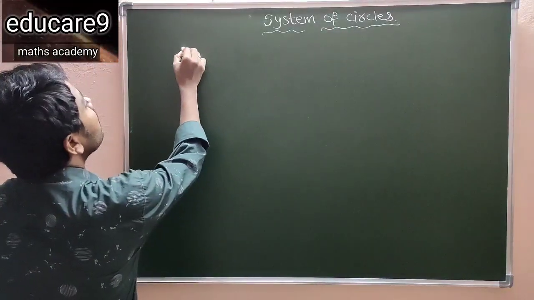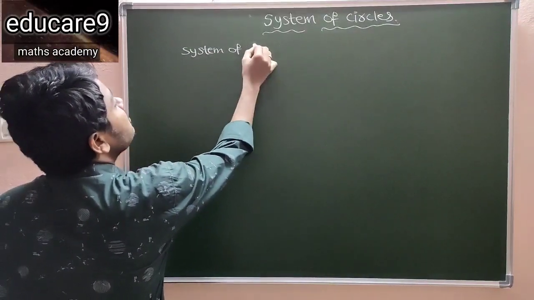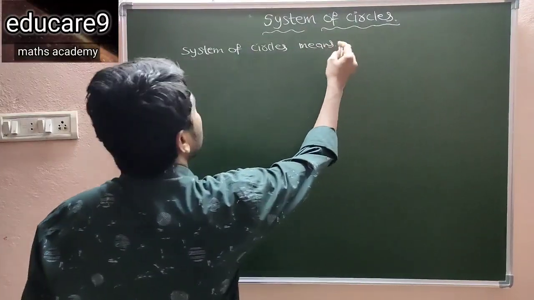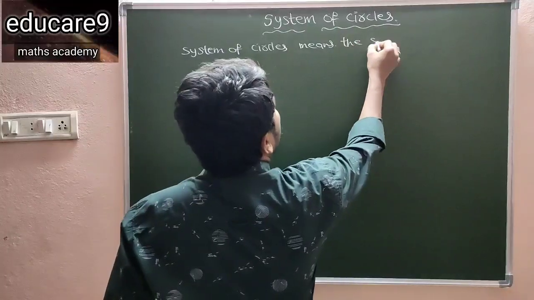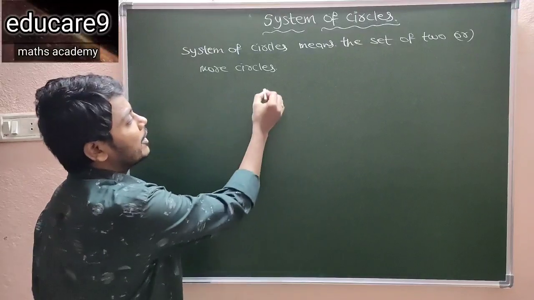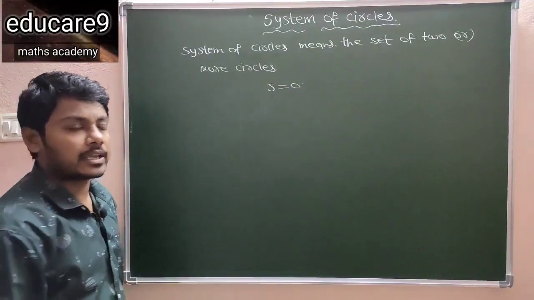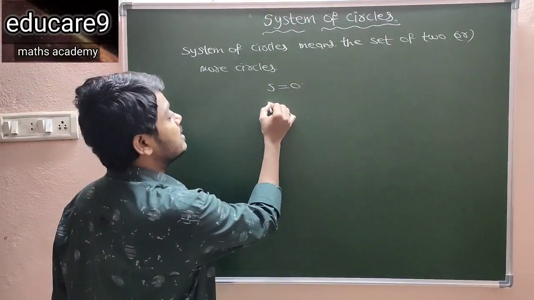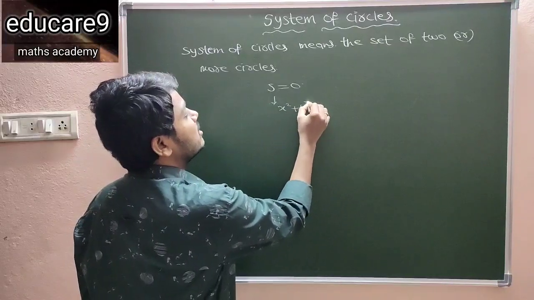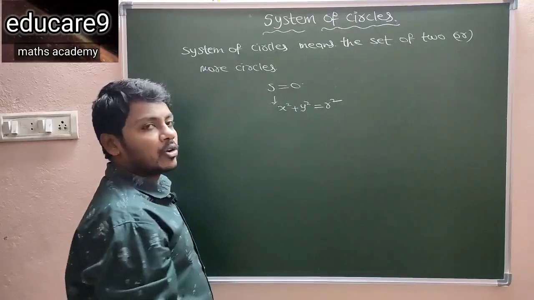So here, system of circles means the set of two or more circles. For example, S equals 0 is any circle, for example x square plus y square equals r square.